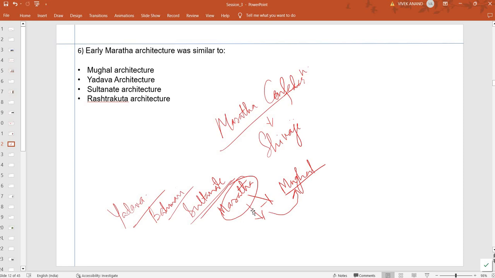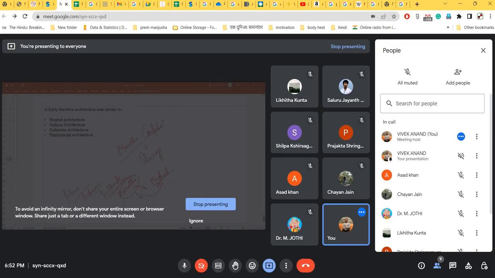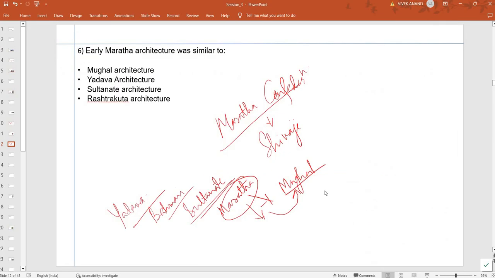If you hear early Maratha, then the Yadava style comes to your mind. But when you see the timeline, you will understand that early Maratha architecture was influenced by Sultanate architecture. So can I move to the next question? Okay, let's move.